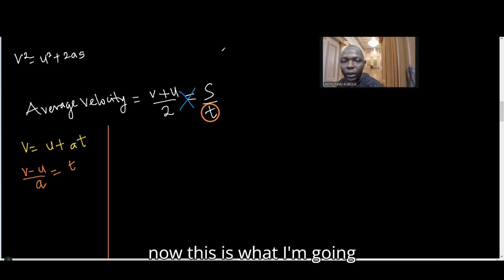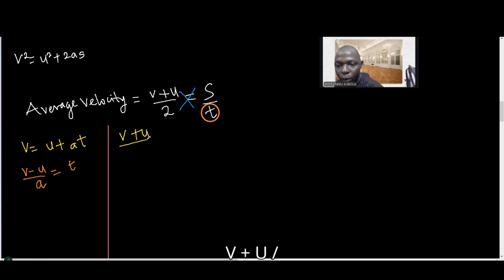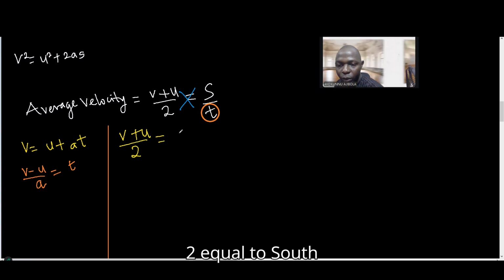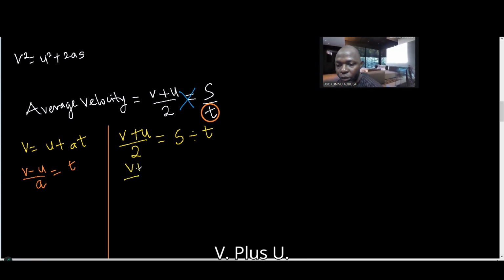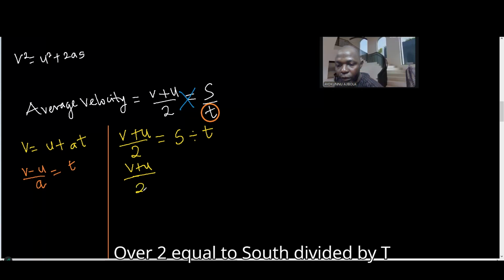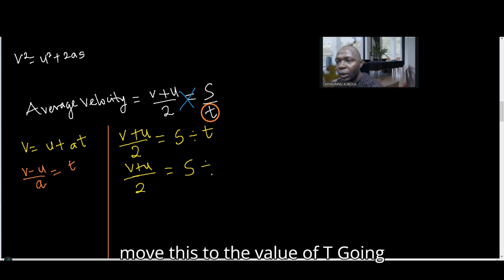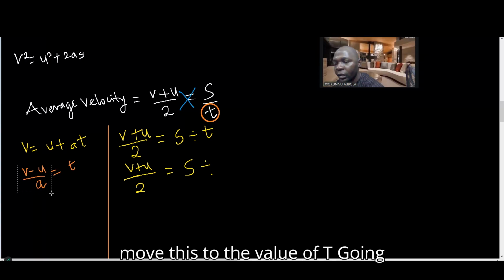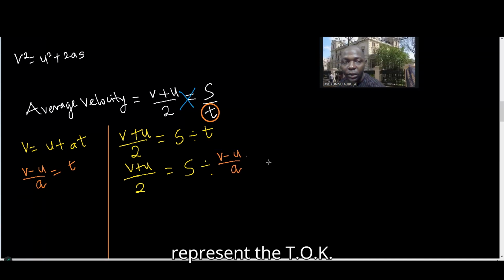Now, this is what I'm going to write: v plus u over 2 equals s divided by t. This is t now, so I'm going to move the value of t here to represent the t.